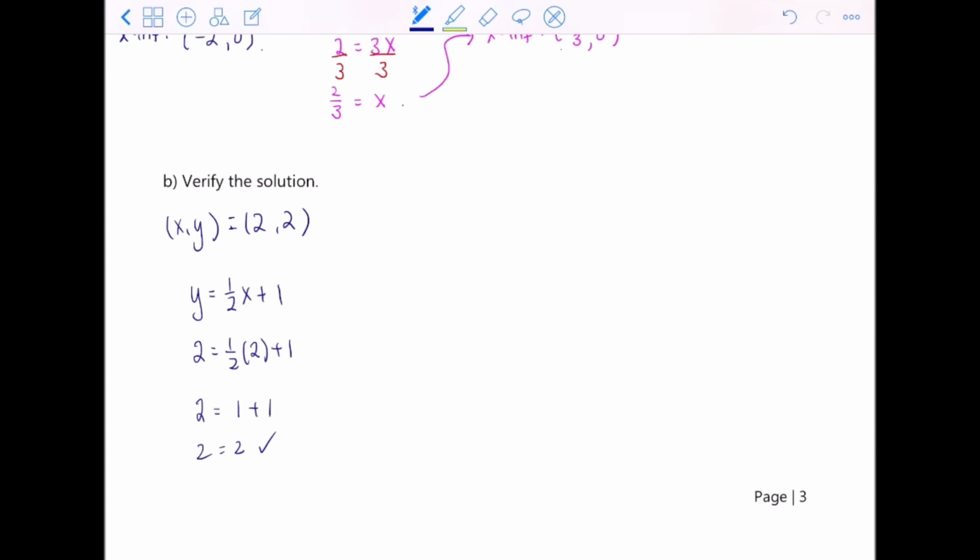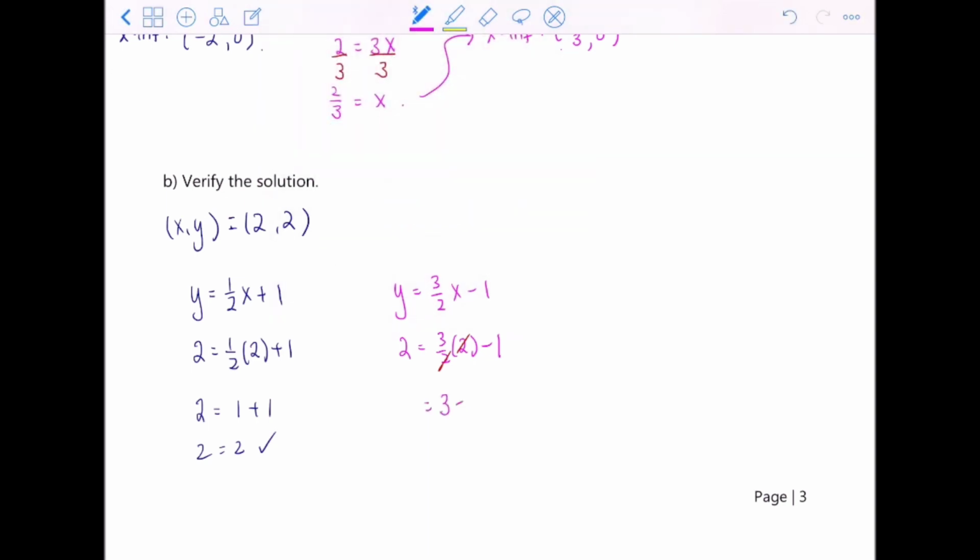And the second equation, the one in pink, is y equals 3/2x minus 1. Sub in y equals 2 and x equals 2 as well. Here you cancel the denominator and the numerator, so we are left with 3.